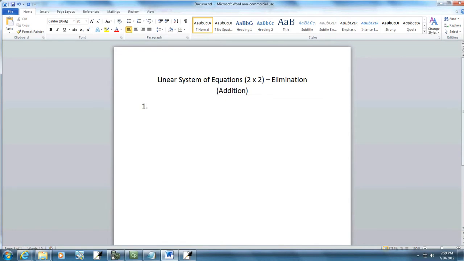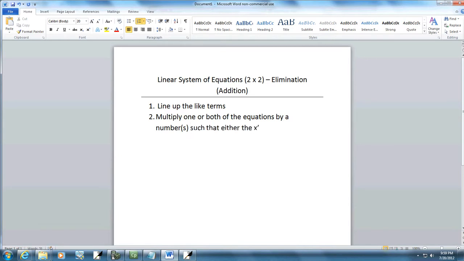Okay. Step 1. Line up the like terms. Step 2. Multiply one or both of the equations by a number, and I'm going to put an S on there because it could be 2 numbers, such that either the x's or y's are additive inverses of each other.